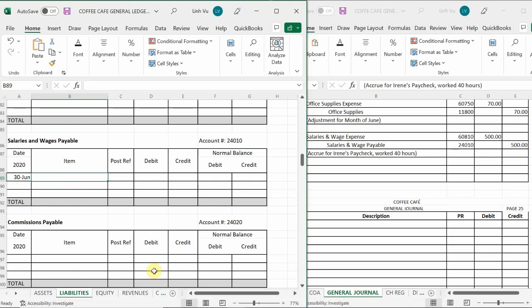Okay. And I'm going to write here, same thing, accrue Irene for 40 hours. General Journal, page 24 still. And we owe her $500.